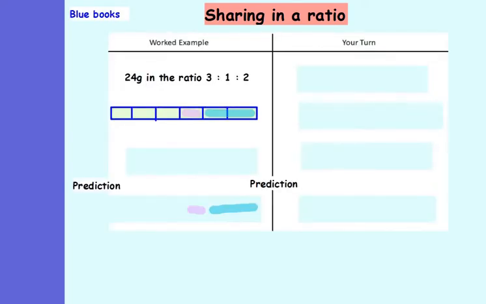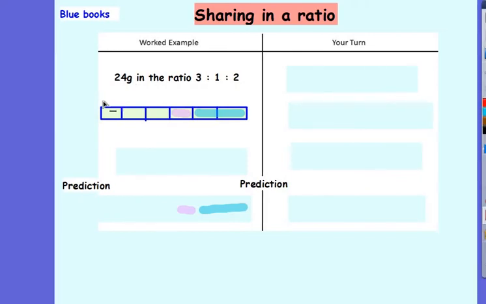Let's look at a 3-part ratio. I've been asked to split 24 grams in the ratio 3 to 1 to 2. Once again, my entire bar from one side to the other is worth 24.